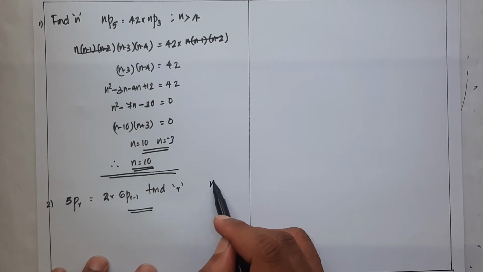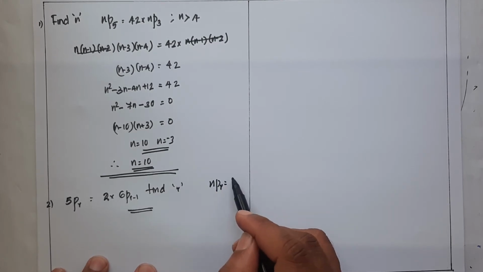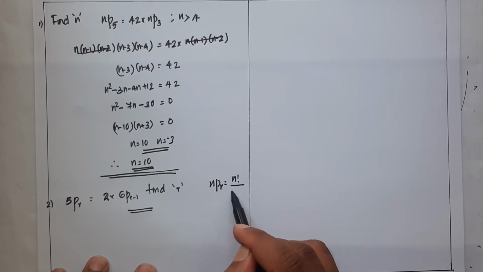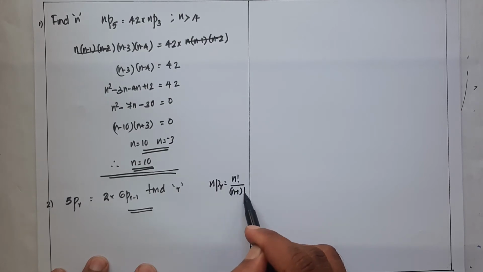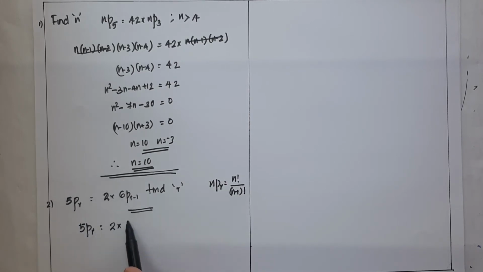You already know the nPr definition; at the starting portion we discussed what is nPr. Our definition is n factorial by n minus r factorial. That is nPr. Using that definition, first of all you write 5Pr. Here given 5Pr is equal to 2 into 6P(r minus 1).